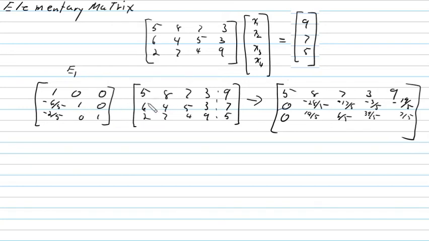Because in our resulting matrix, this row will be 1 times this row plus none of these rows. This row will be minus 6/5 of this row plus this row, and this row will be ignored. And this row here will be minus 2/5 times this row plus 0 of this row, and now plus this row. In other words, you're going to get this row being replaced by it minus 2/5 of this row.